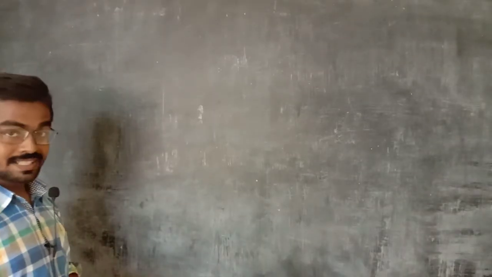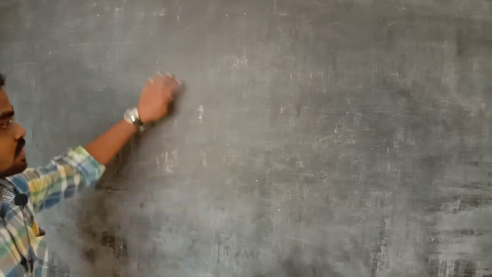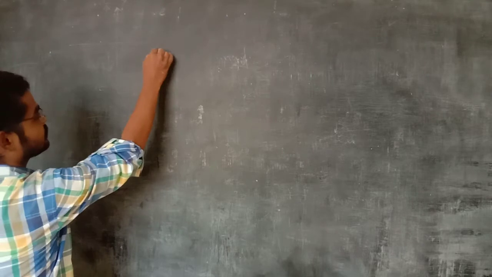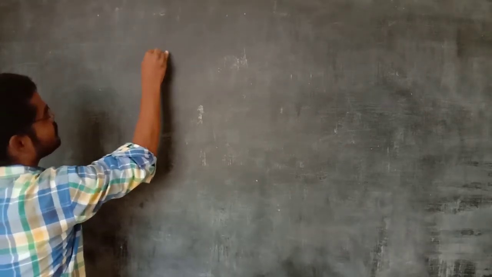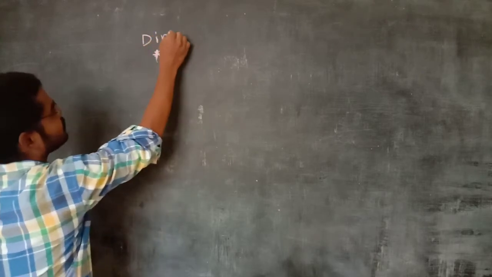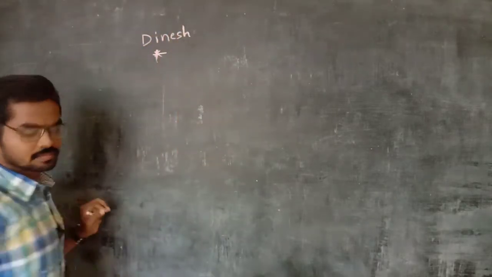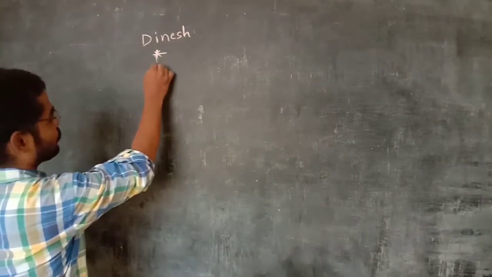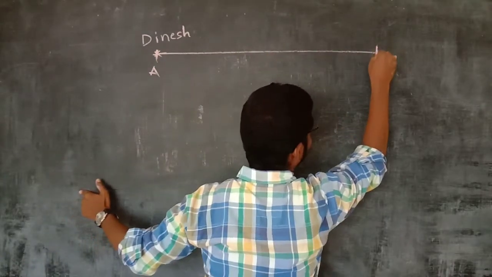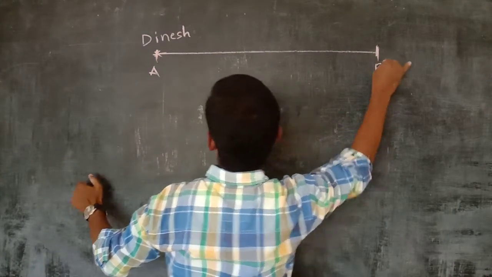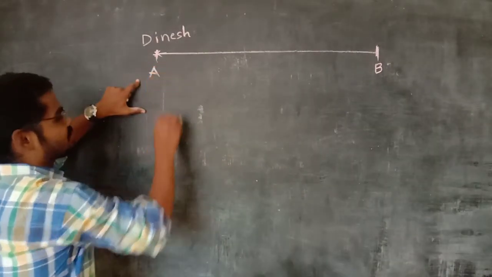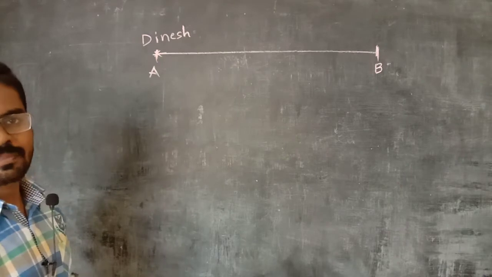Okay. Now there is another question. In this question, let us take a person whose name is Dinesh. So Dinesh has started from point A and he has reached some point B. What is the path length?